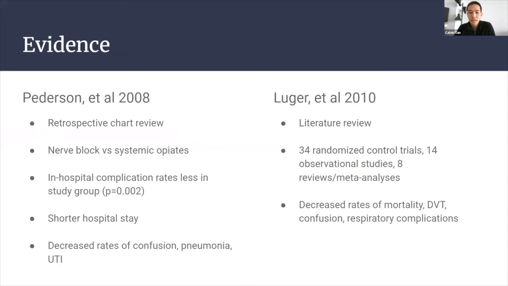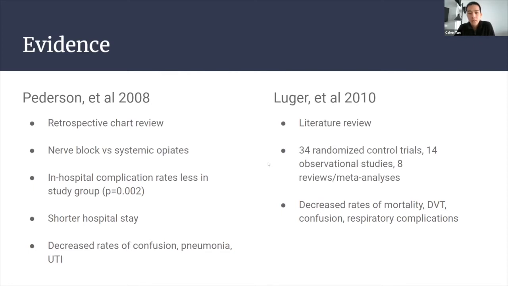But what they did find is that the in-hospital complication rate was significantly lower for the nerve block group. And then the hospital stays were also shorter. The complications as described were confusion, risk of pneumonia, and UTI, all of which were lower in the study group.